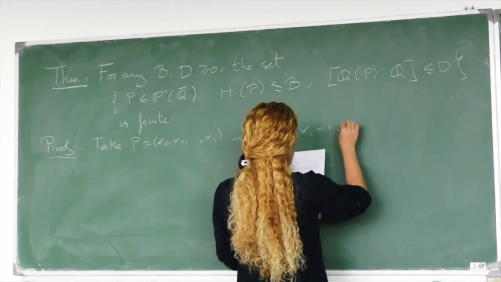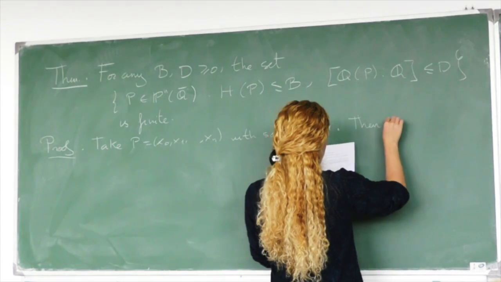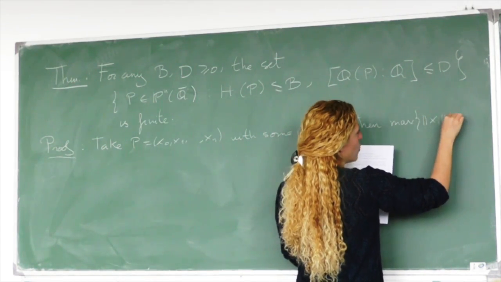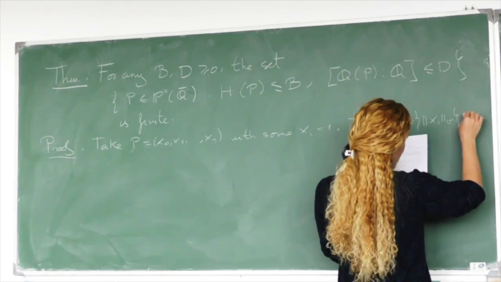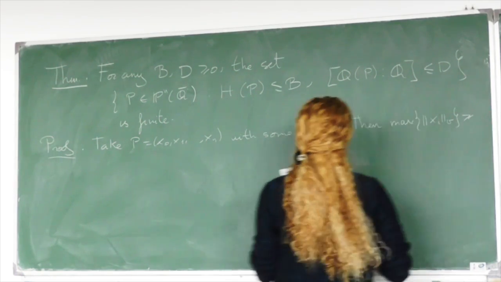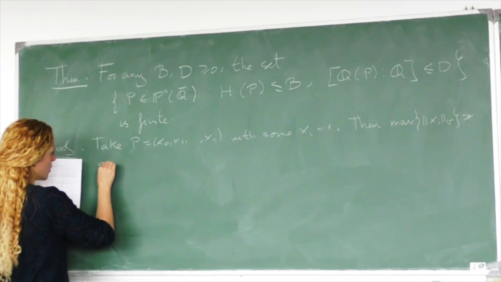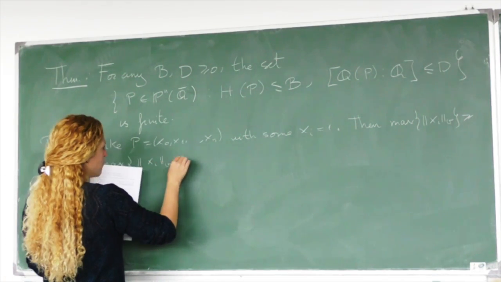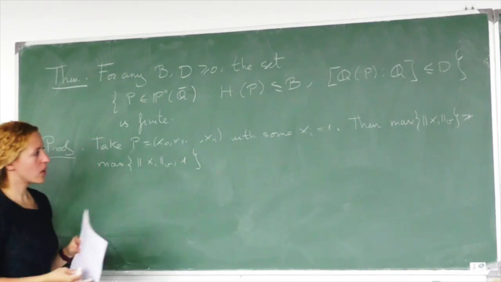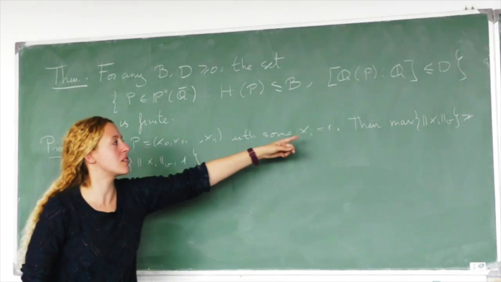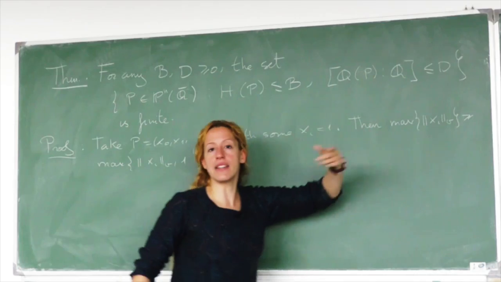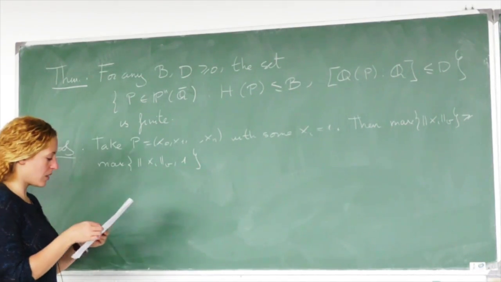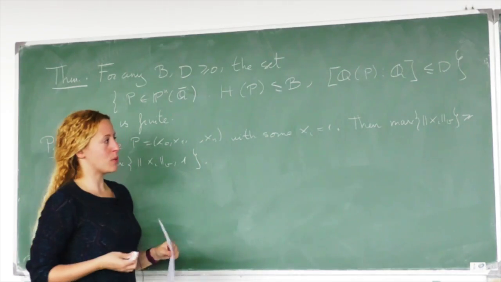Then we have that the maximum of the normalized absolute values of the coordinates is greater or equal than the maximum of this and 1, because one of the coordinates is equal to 1. So in this set, there is at least a 1, and we can write it in this way. Okay, this is the first observation.